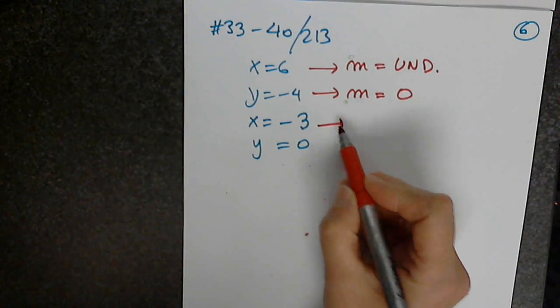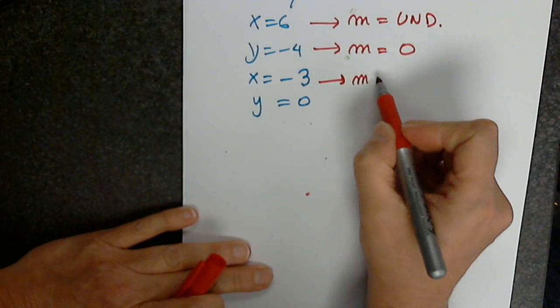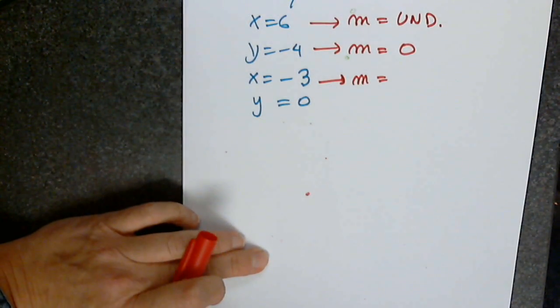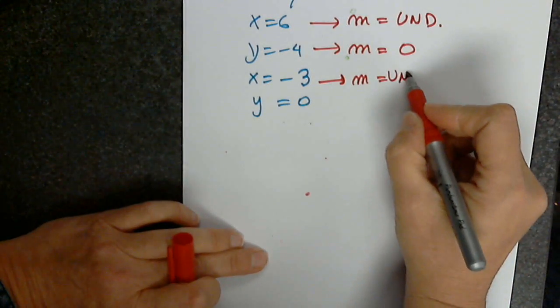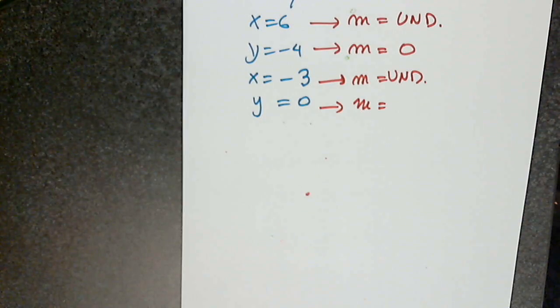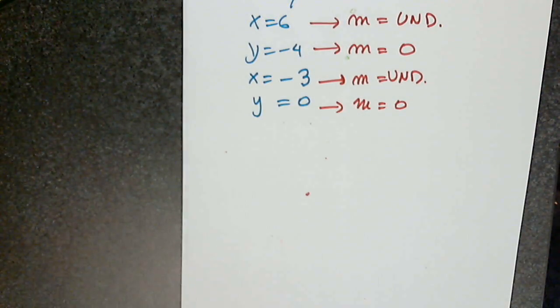What about this? The slope here is? It's x equals negative 3, which is a vertical line. Undefined. And the slope of the x-axis? 0. It's a horizontal line. The slope is 0. Any questions?